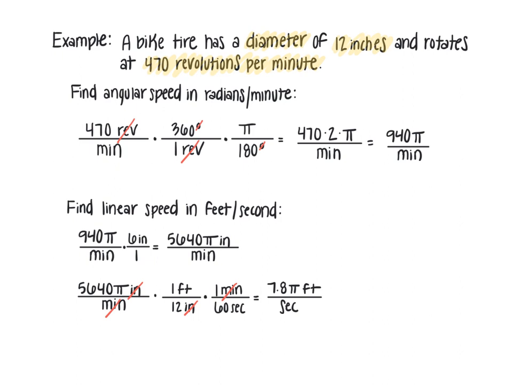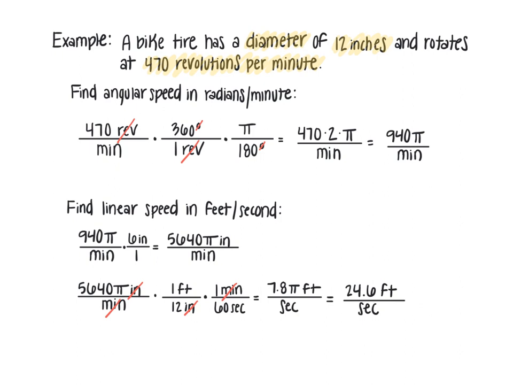I can take my answer one step further, and multiply 7.8 and pi together to give me a cleaner answer. When I do that, I end up with 24.6 feet per second as my final answer, which makes more sense because we don't really know what 7.8 pi is.